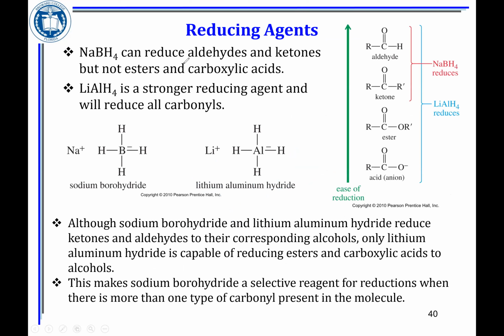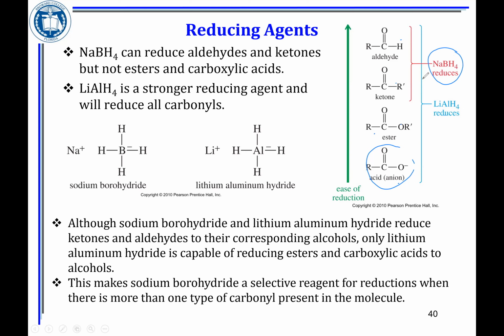So sodium borohydride can reduce aldehydes and ketones. Lithium aluminum hydride can reduce aldehyde, ketone, ester, and any acid derivative. Acid is harder to reduce compared to ester. The easier one to reduce is aldehyde, and that's why you don't need to use a strong reducing agent. You would use a mild reducing agent.